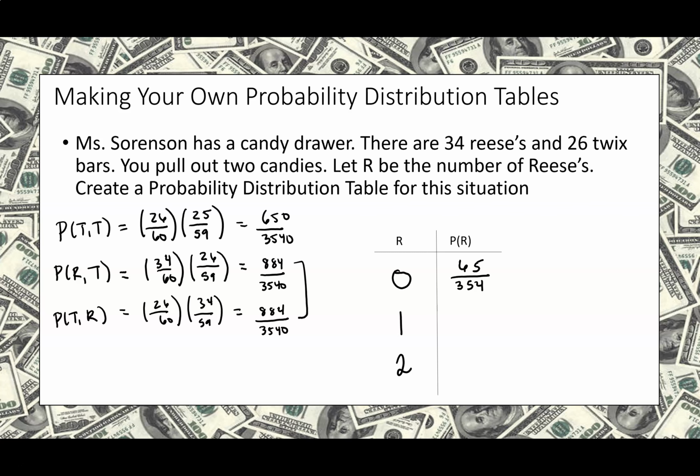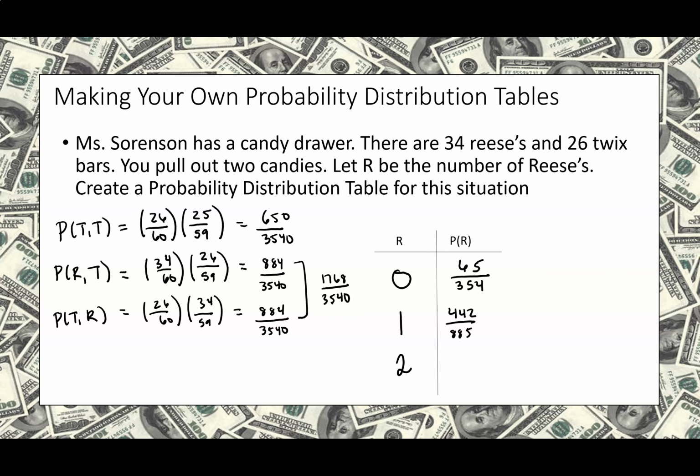Okay, and I get 1768 divided by 3540. Okay, and then I'm going to go ahead and press math fraction, and that's going to reduce to 442 over 885. Just reduce this fraction right here.